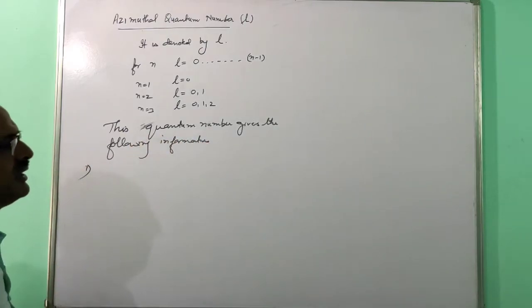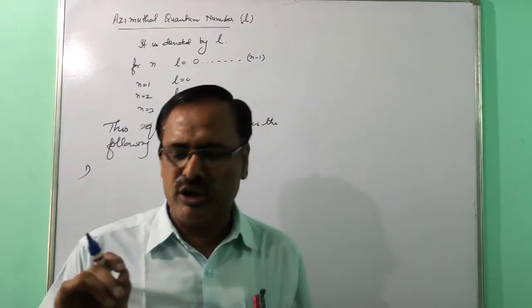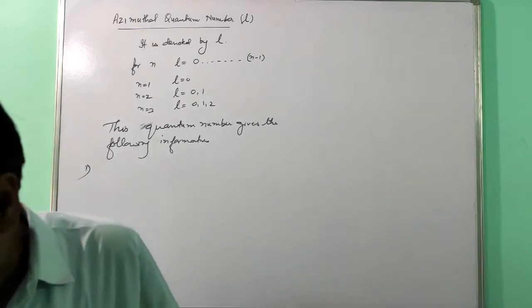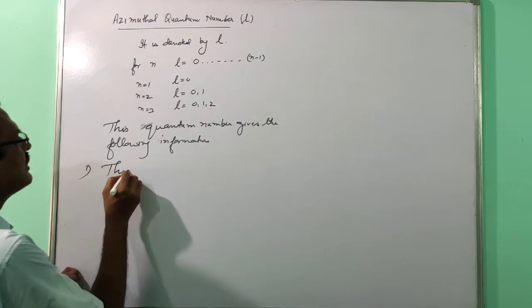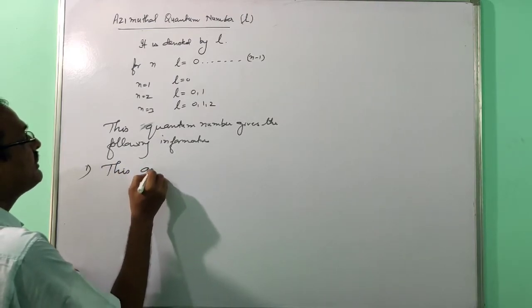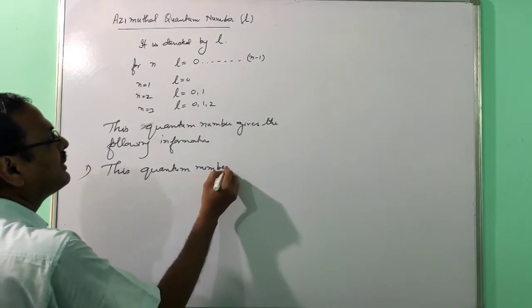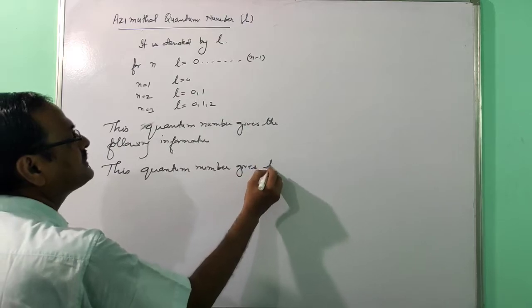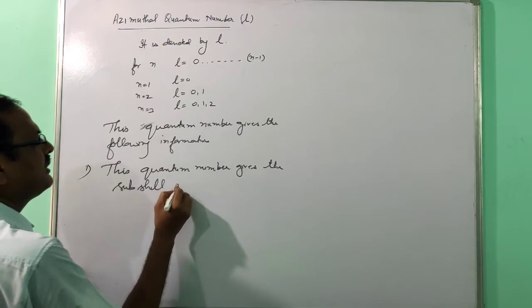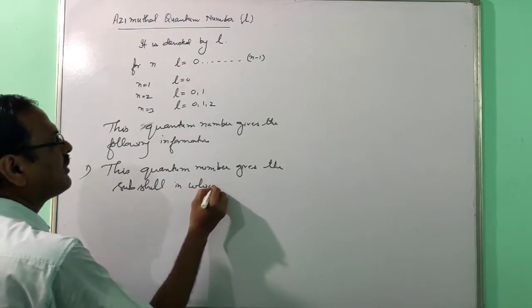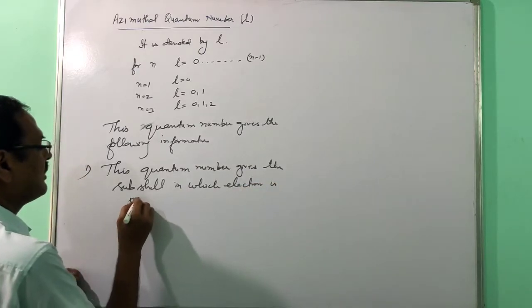First of all, this quantum number gives the subcell in which the electron is present.